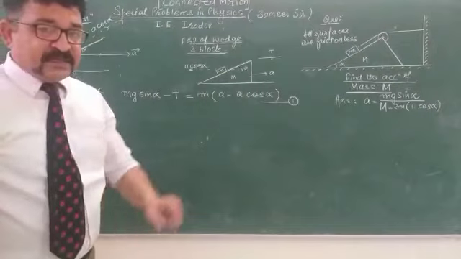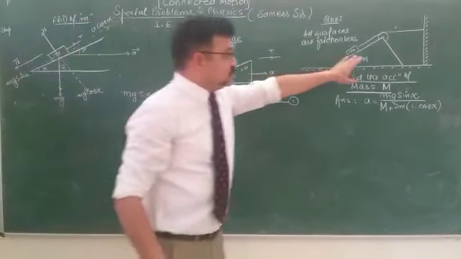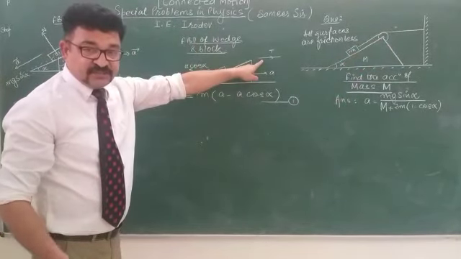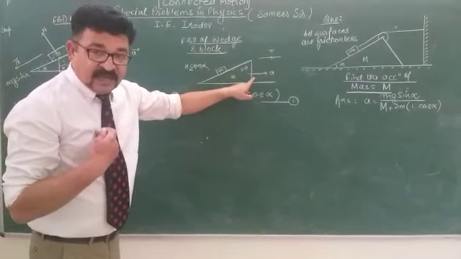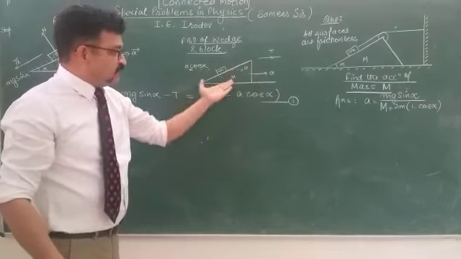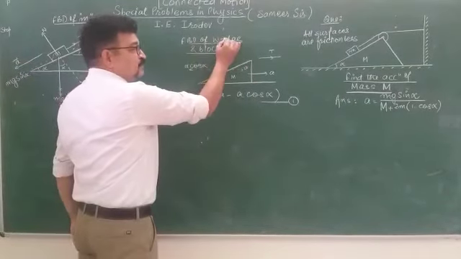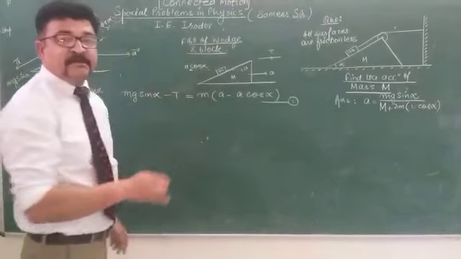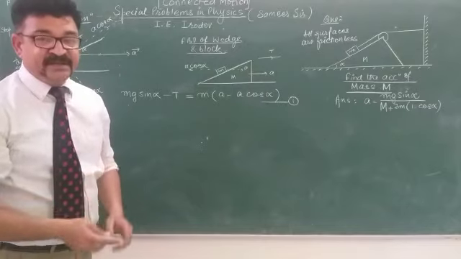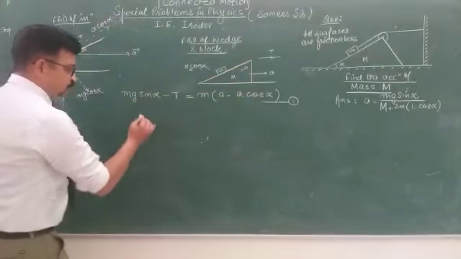Now, let us find out the dynamics of the wedge only. This wedge is connected with the help of a thread. I have drawn the tension. I have already stated that the wedge is moving forward with some acceleration A. This is the free body diagram of the wedge and block. So what is the horizontal force?